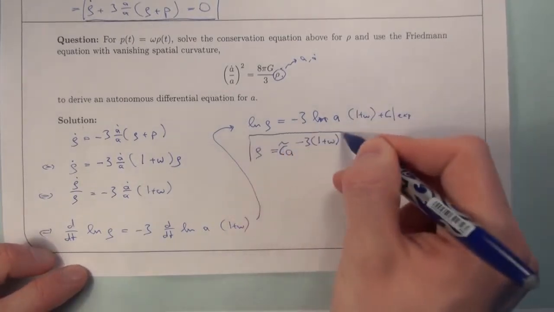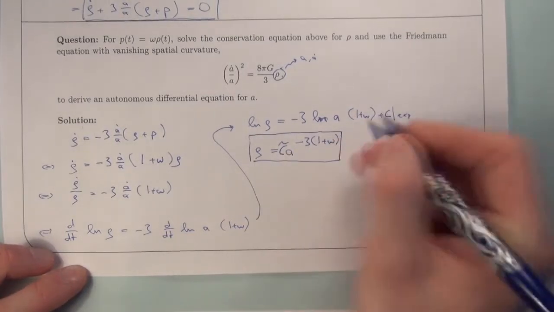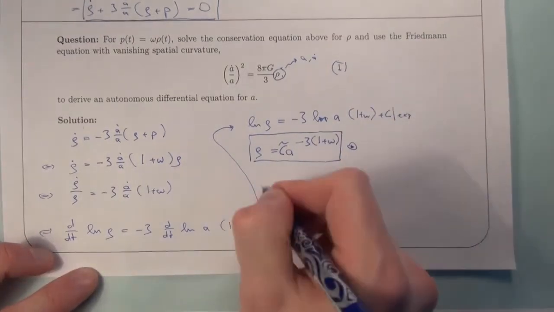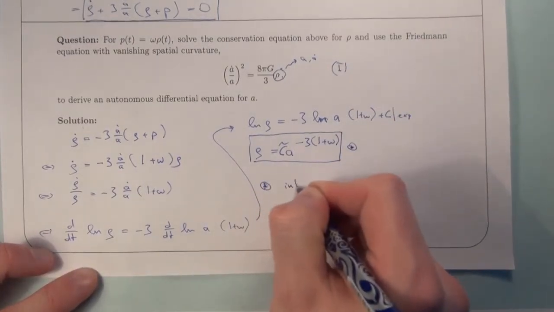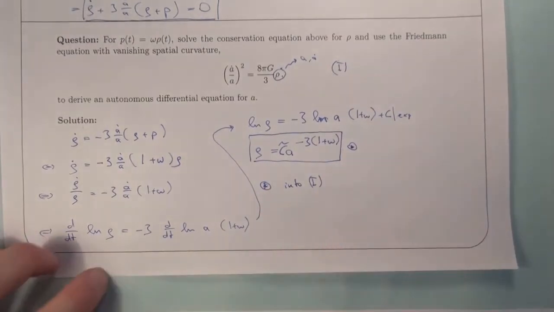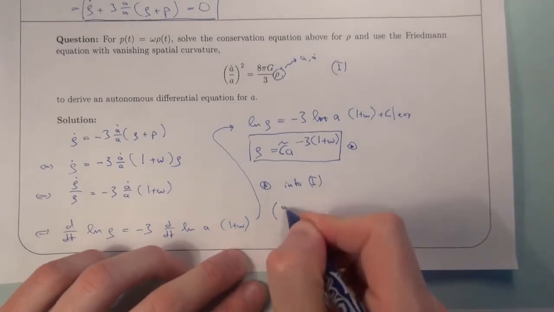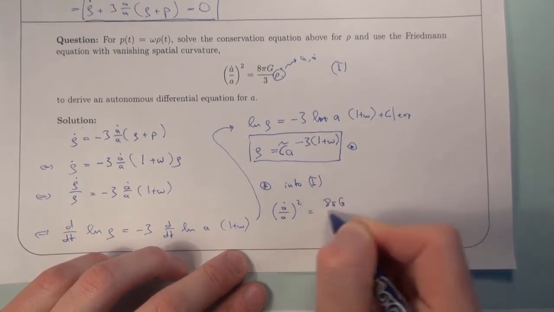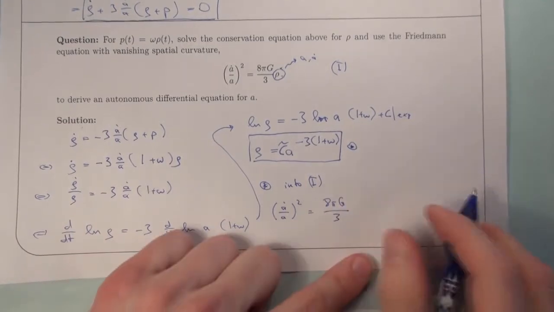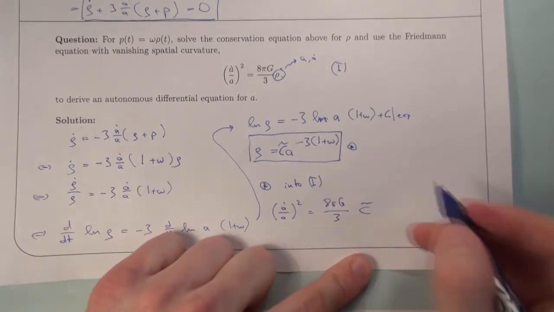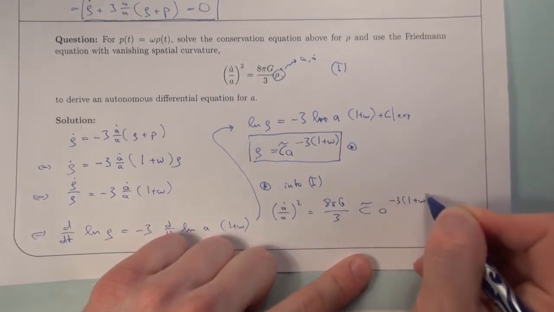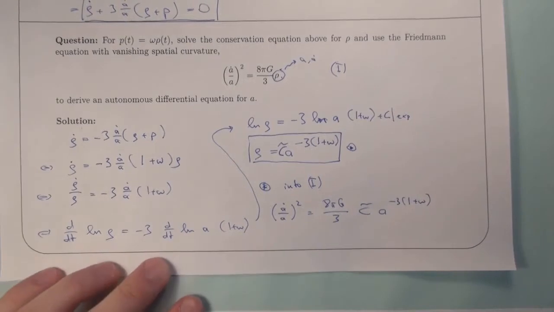So that's the expression for the rho, and we should plug this into that equation, star into 1. So we get A dot over A squared equals 8 pi G over 3 times this constant times A to the minus 3 times 1 plus omega.